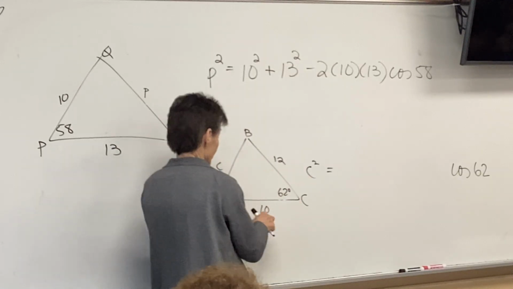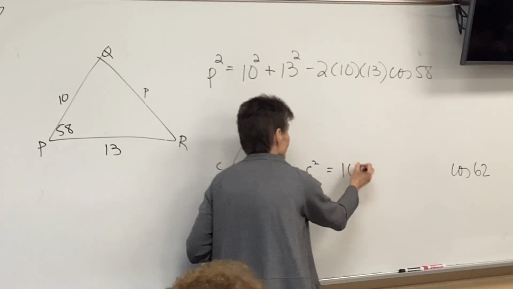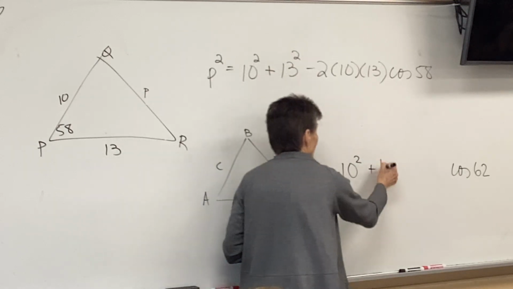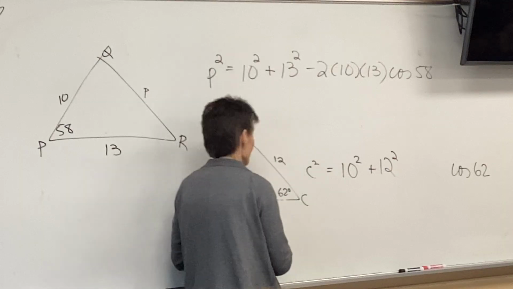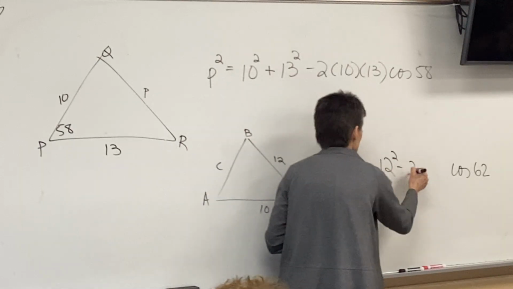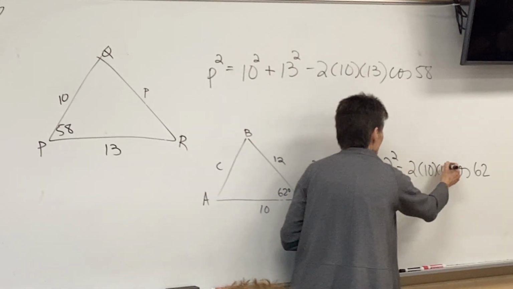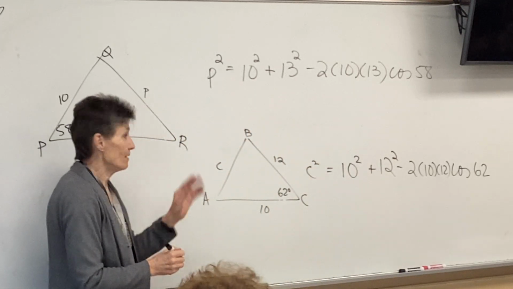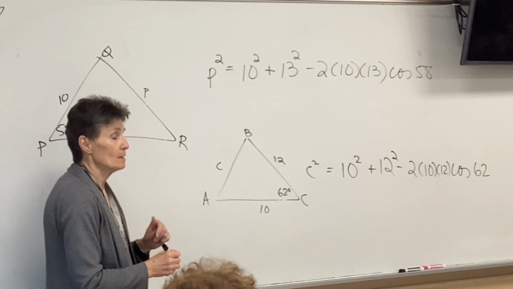You're going to have this side squared plus this side squared. Does it matter which one is first? Nope. Minus 2 times those two things times each other. And there it is, that's all there is to it.